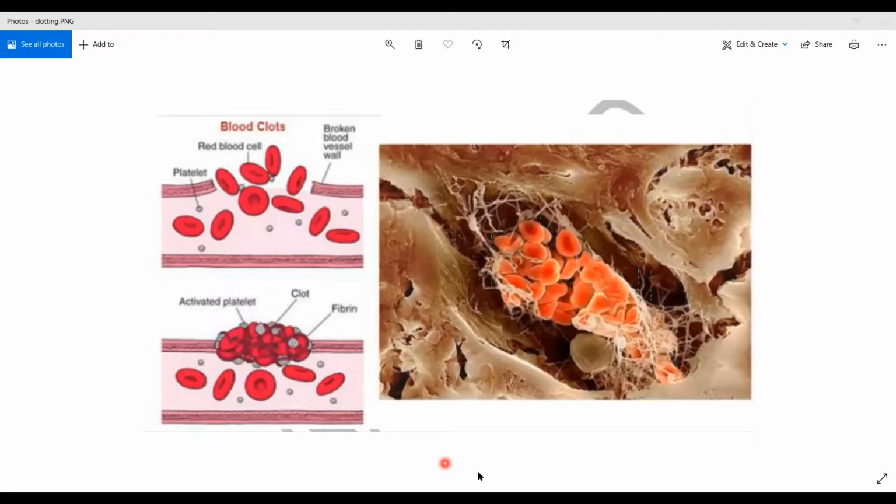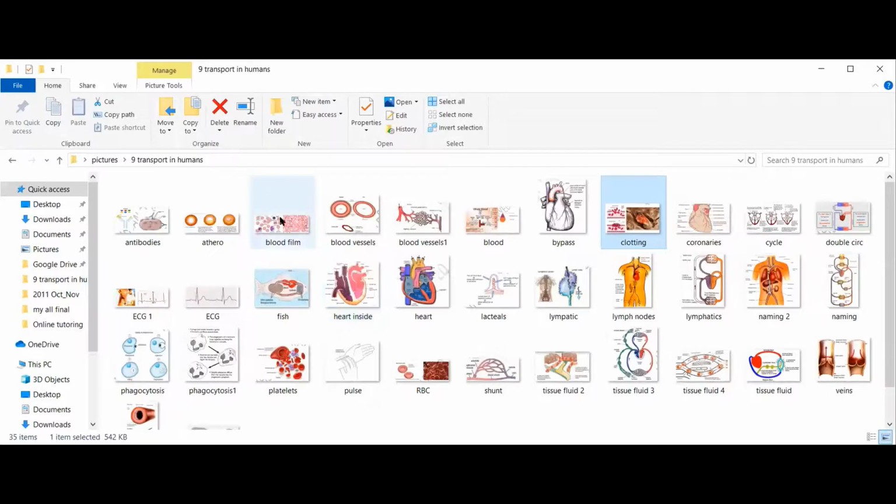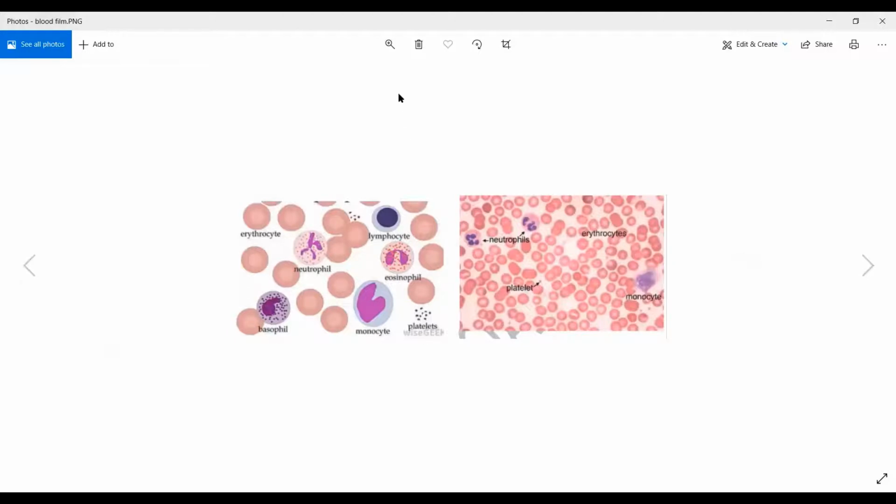Suppose they brought you this picture for the blood. This is called the blood film, or in other words, we say photomicrograph, micrograph for a blood film.